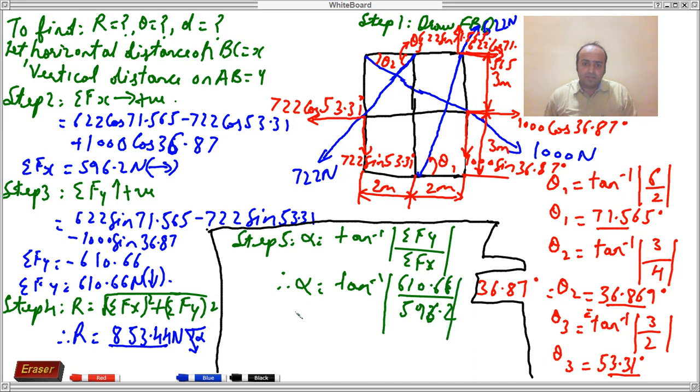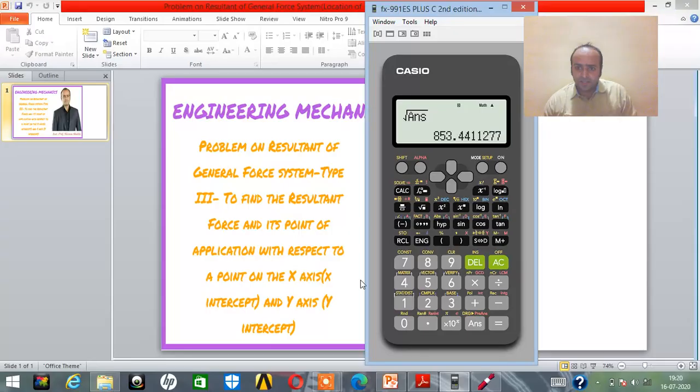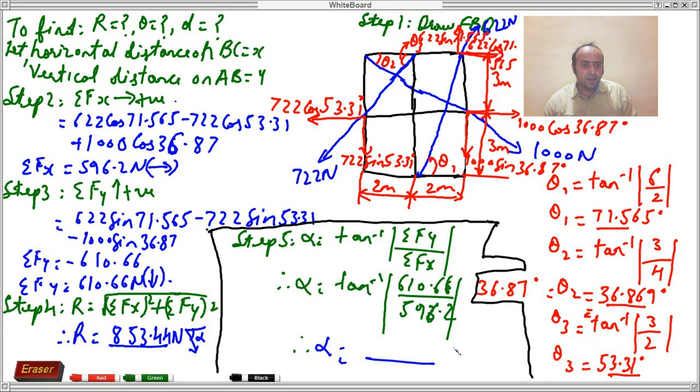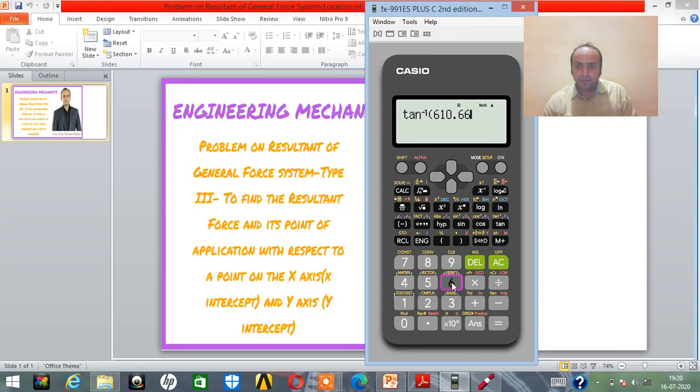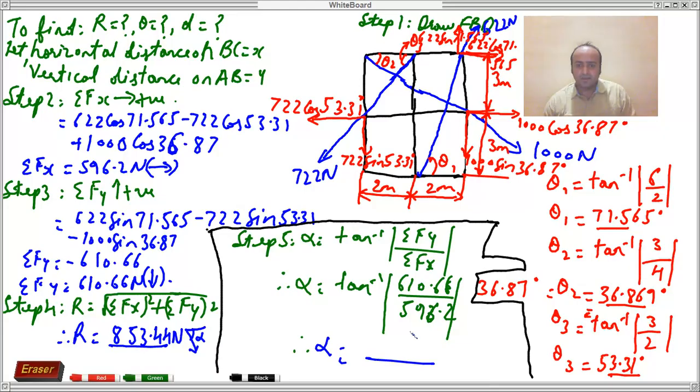Okay, so let me just get the value. So here it is, the value 45.686 degrees. We are done till here.